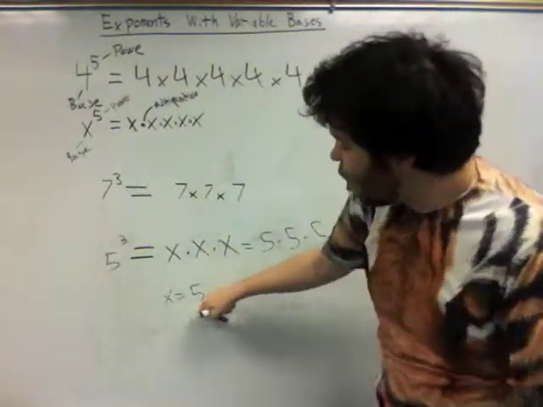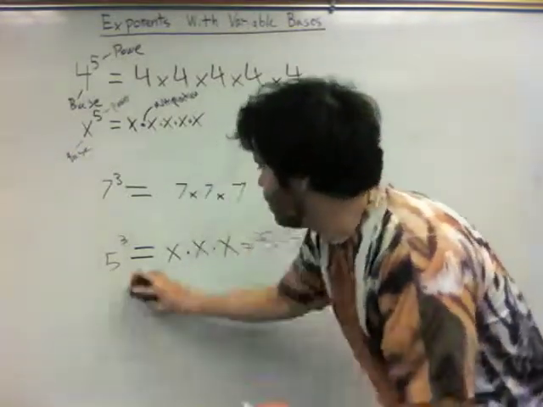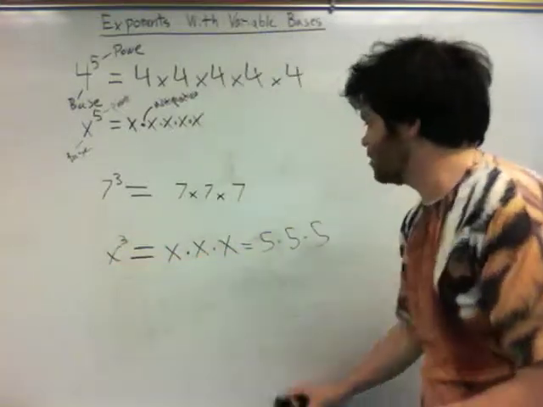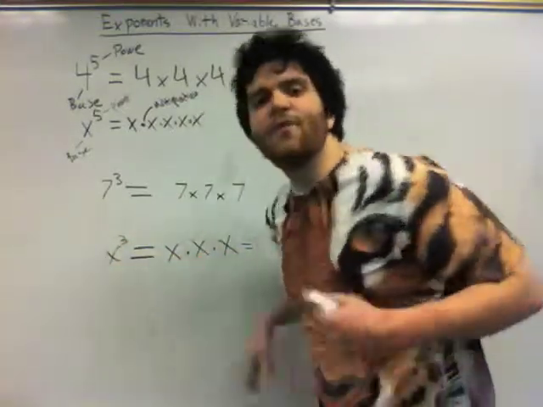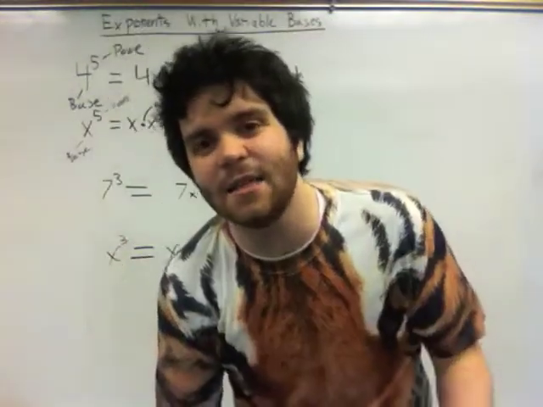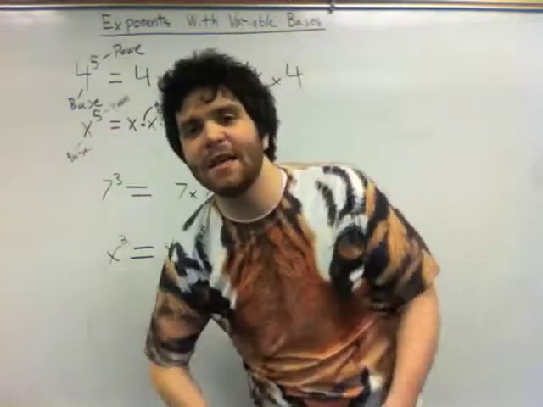We now know what x is equal to. Oh wait, we forgot what x is equal to. We've got to go back to just representing it with x, because now it could be anything. Now we're not sure what it is. So this video is providing you with an introduction to what x is and also using it in the context of an exponent number. You might see an x in the base.